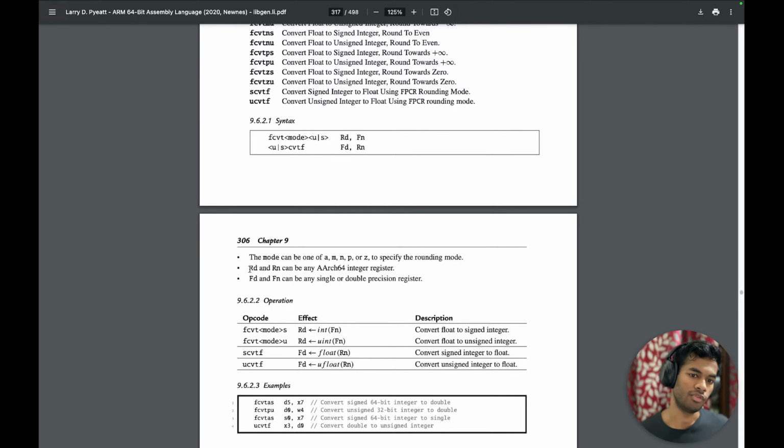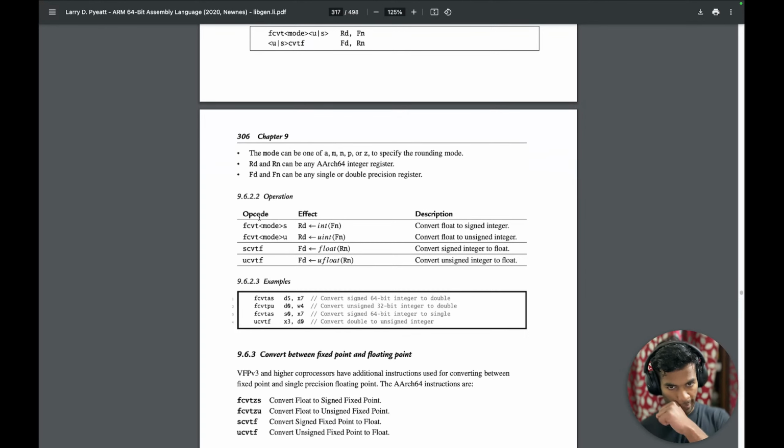RD is the destination register, RN can be any 64-bit integer register. FD and FN can be any single or double precision registers, but not half, single or double.